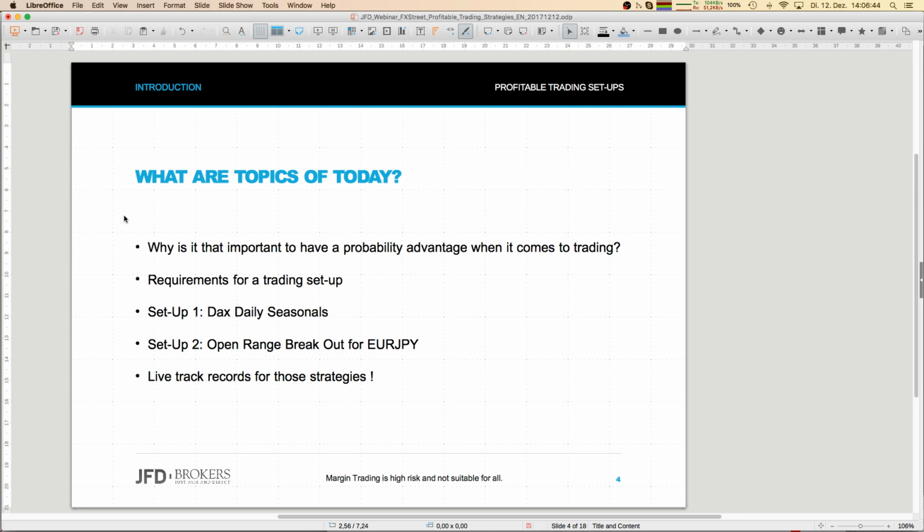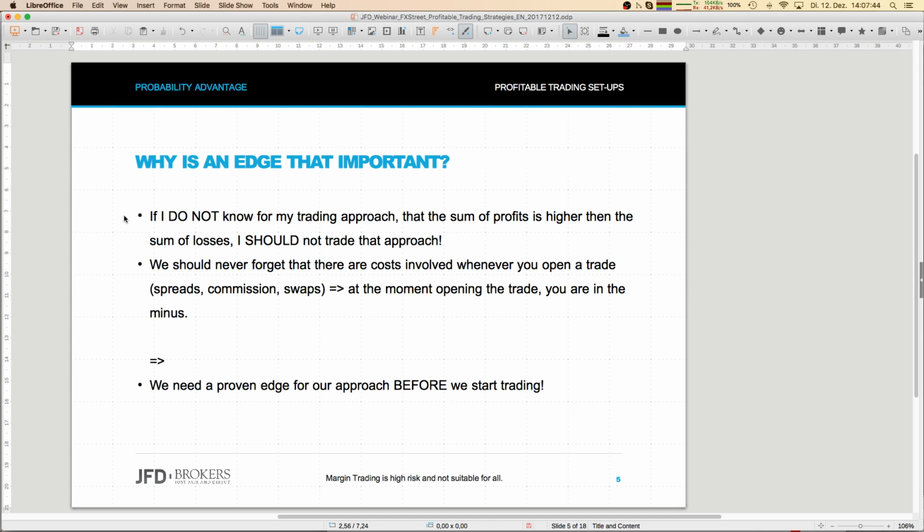Do you know that statistically that trade has an edge, so that you are more on the winner side than on the loser side? That's always something you have to ask yourself when it comes to trading. The sum of your profits has to be higher than the sum of your losses. And only if you have an approach with those simple basics should you follow it and use it for your own trading activities.